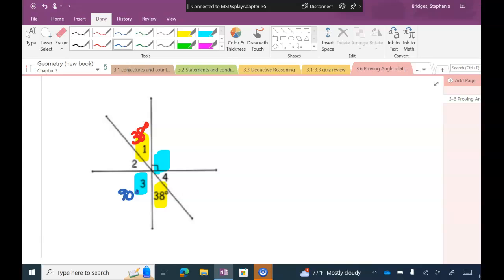Okay, here's a question. How many of you used 180? Did anybody use 90? Either way, let me show you what I'm talking about. Let me erase my highlighters.